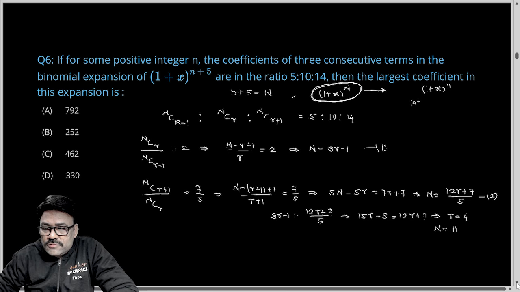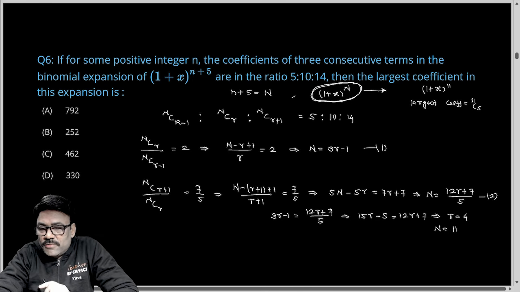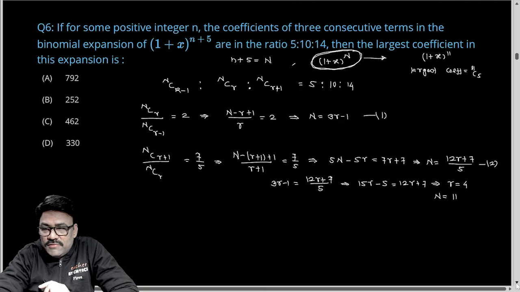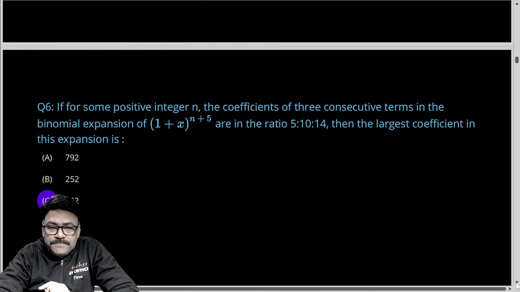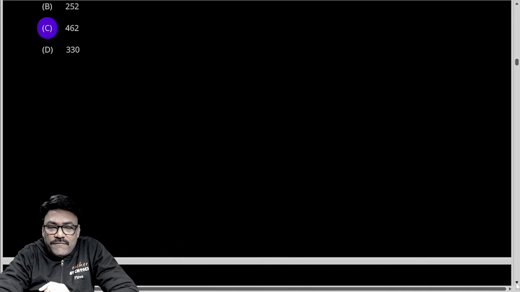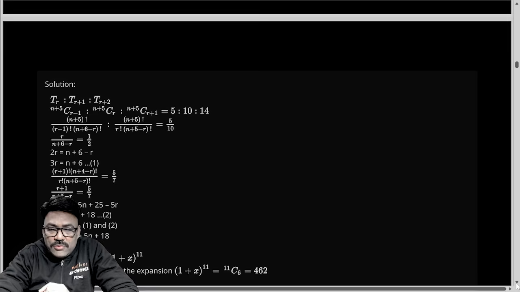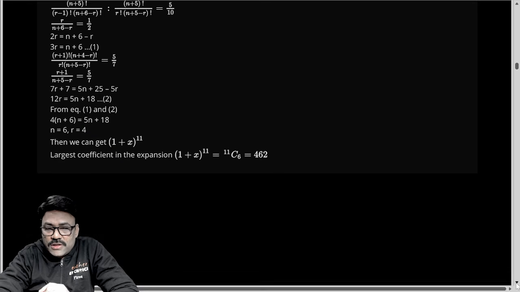So hence the largest coefficient is 11C5, or you write 11C6. Just calculate the value of 11C5 or 11C6, that will be your final answer. So this 11C5 comes out to be 462. So hence 462 will be the correct answer here.